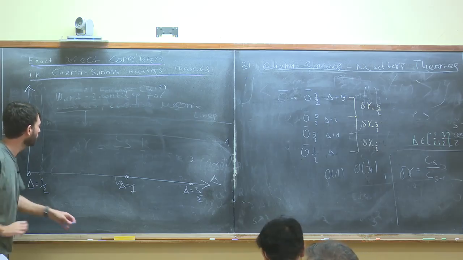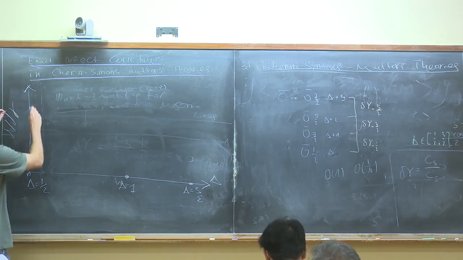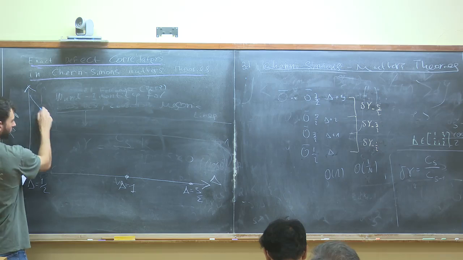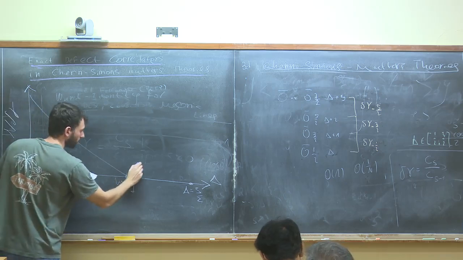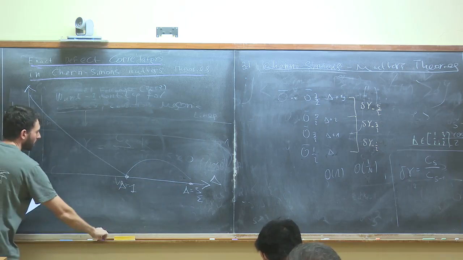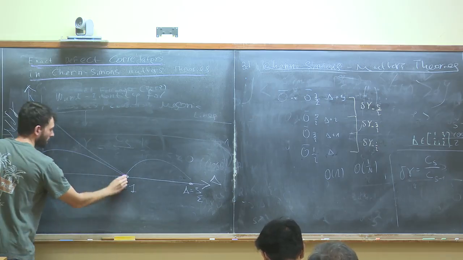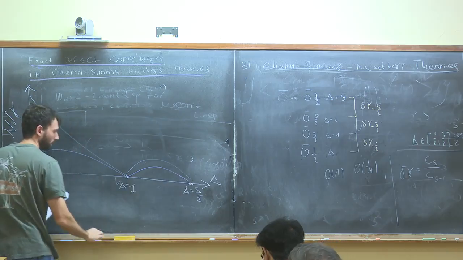So how does this plot look? It starts its life something like this, and then it goes like this, and this guy then, and the line.